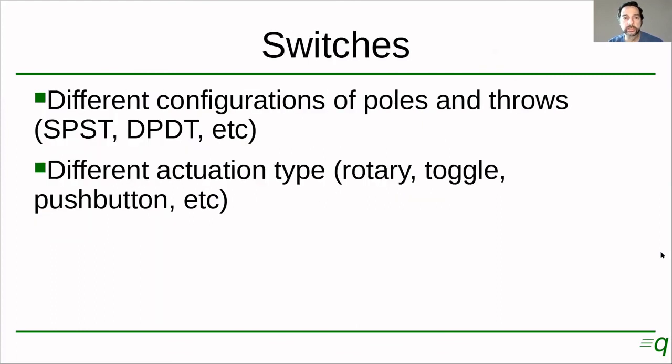And finally, we saw switches, different configurations of poles and throws, like SPST, DPDT, and all of those. And we saw that they have different actuation types, can be rotary, toggle, push button, etc. And we also saw some interesting circuits made with switches.